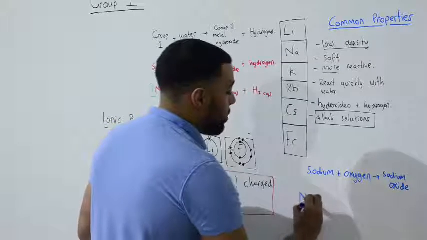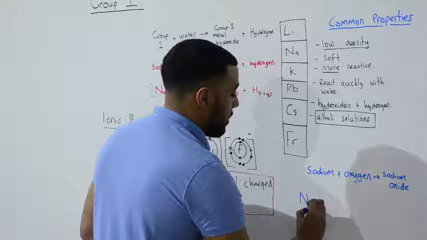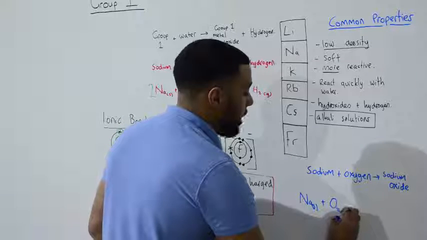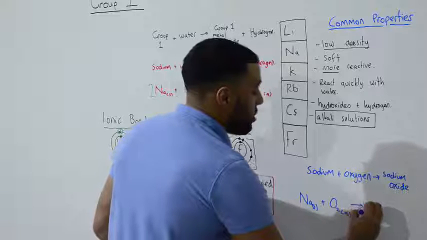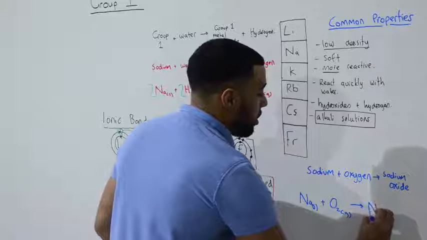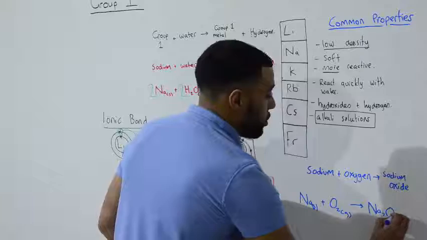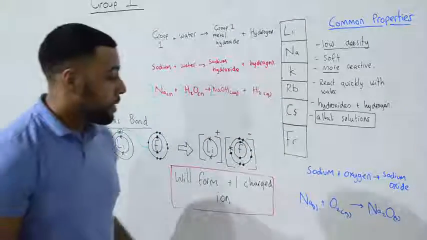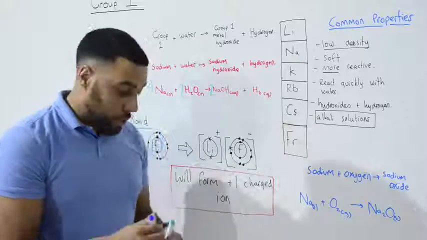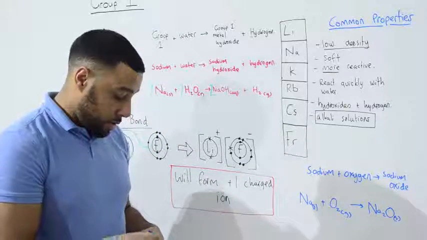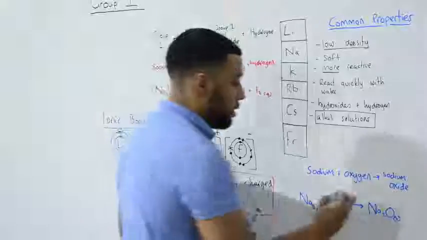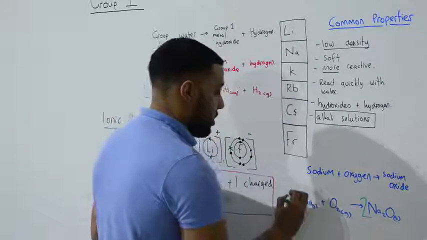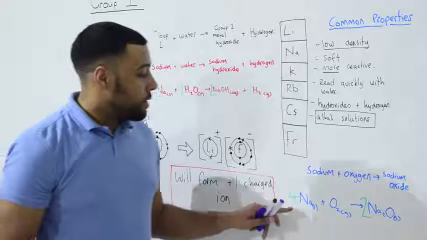Sodium has the symbol Na, and we're reacting it with oxygen gas, and this is to produce sodium oxide. And hopefully you guys can see that this equation isn't balanced. So to balance the equation, I just add a 4 and a 2.